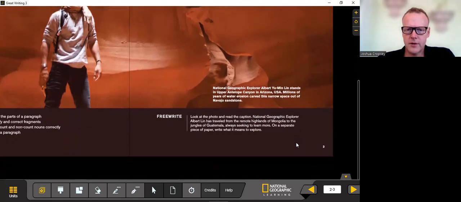All right, well, we're going to get started off with a free write this morning. It says, look at the photo and read the caption. National Geographic explorer Albert Lin has traveled from the remote highlands of Mongolia to the jungles of Guatemala, always seeking to learn more.